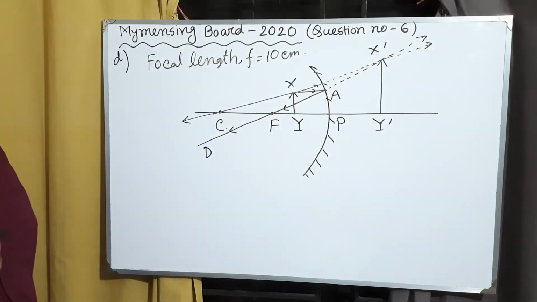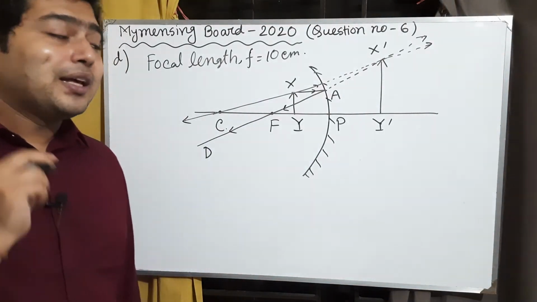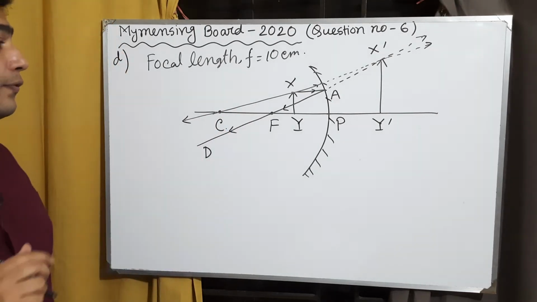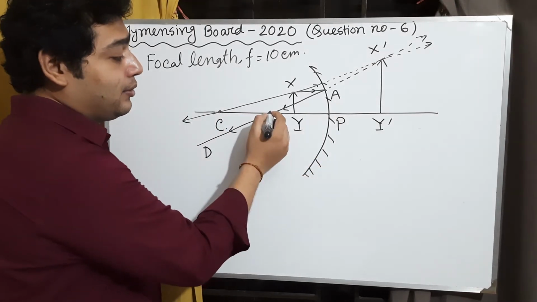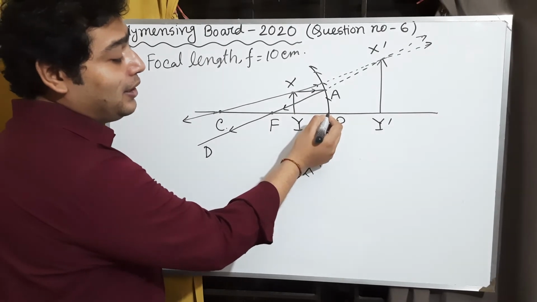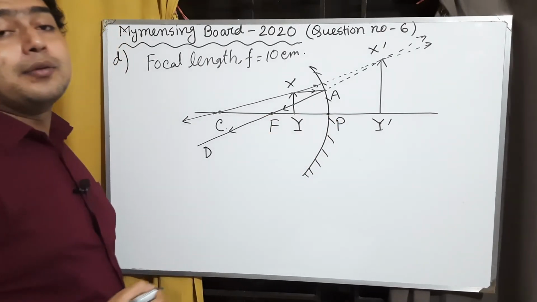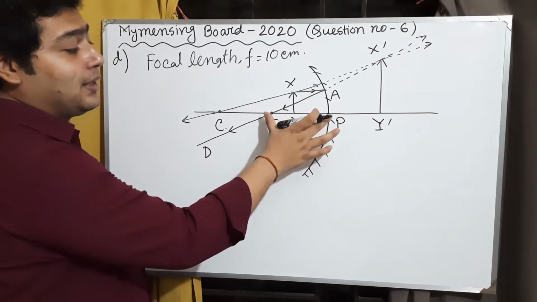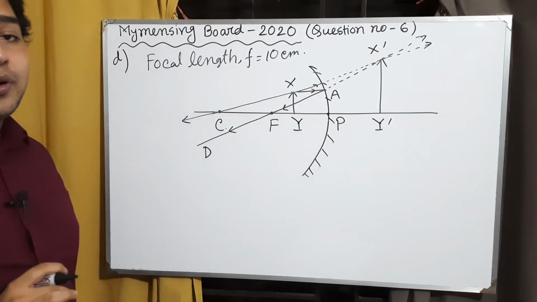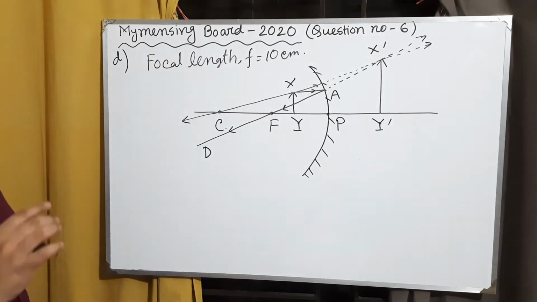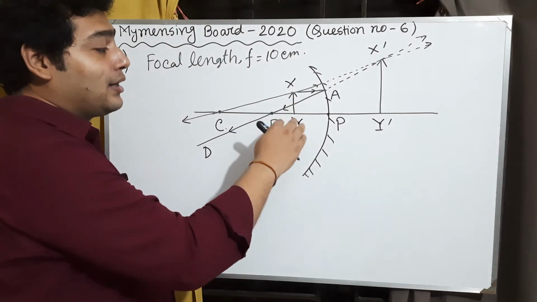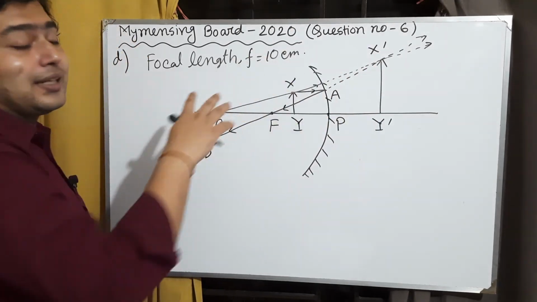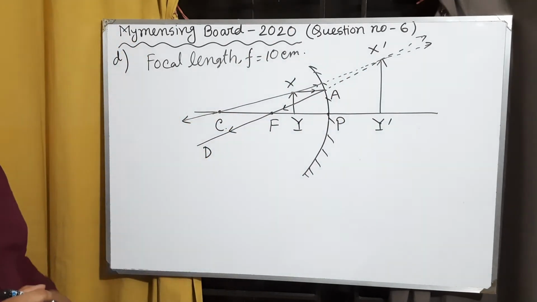So the object is placed between the focus point and the pole. For this position we get a virtual image like that figure.